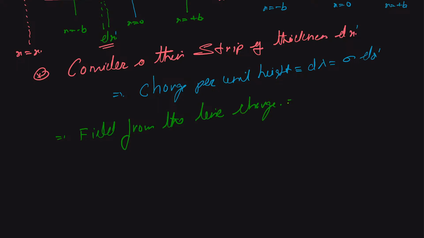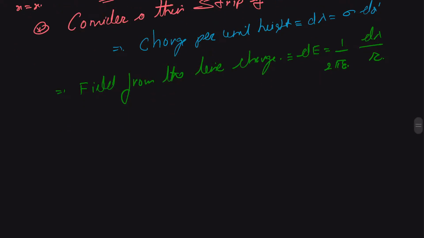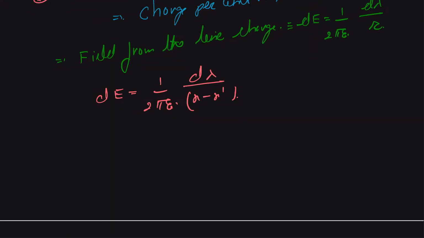We know that the field is, suppose, dE, then this dE will be equal to 1 upon 2 pi epsilon naught, d lambda upon r, and we can simply substitute the value of r, so we get dE equal to 1 upon 2 pi epsilon naught, d lambda over x minus x prime. And we are going to find the field because of the entire strip. Therefore we can simply integrate it.